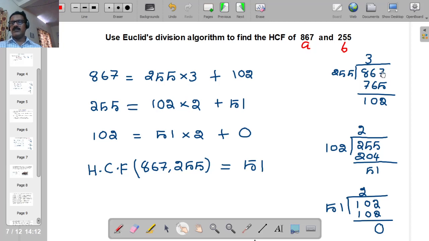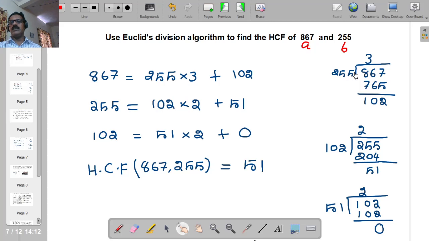The fastest way to know this is to remove the last digits from the dividend and the divisor, and check how many 25s can be taken from 86. We can take 3 times 25 from 86. We cannot take 4 times 25, because 25 into 4 becomes 100. So we will try with 3.